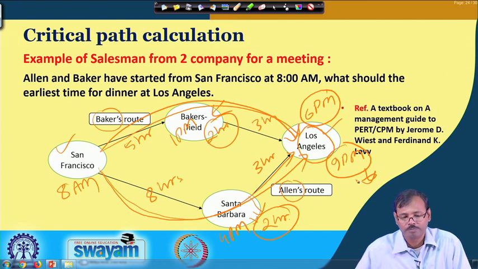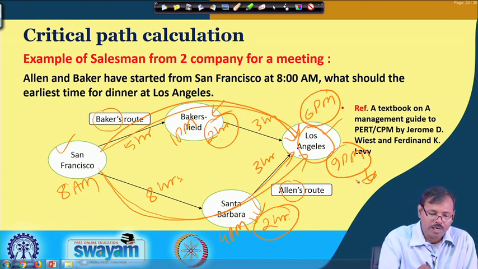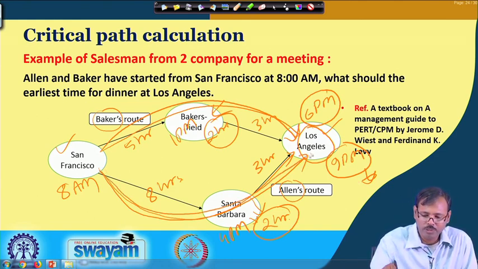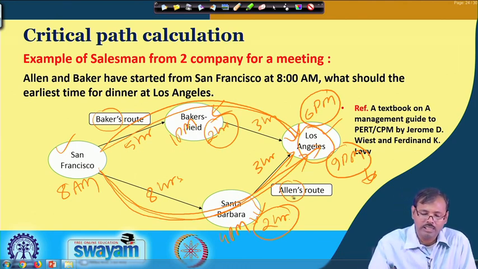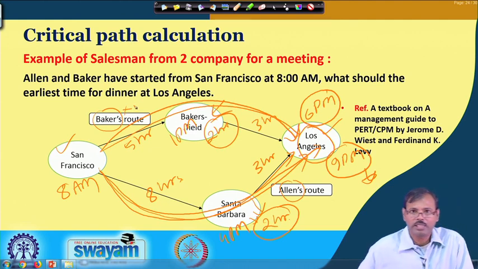So, that means, though Becker will reach at 6 p.m., the job, that is the meeting job which is required to be completed, can be completed at 9 p.m. only. So, the path is showing us that the completion of the network time is basically Allen's path, not Becker's path.